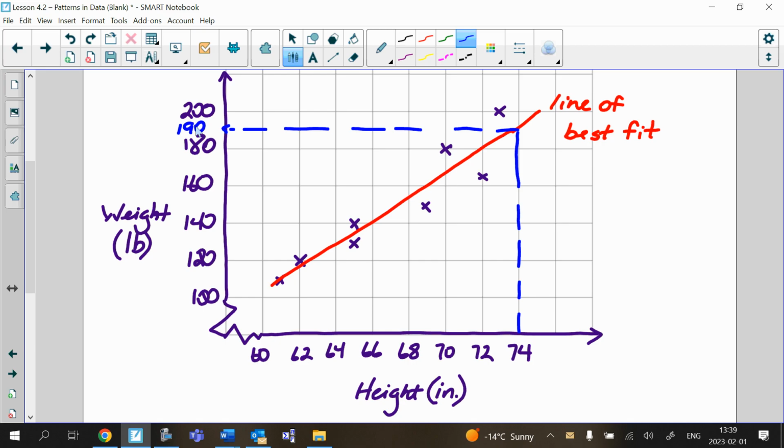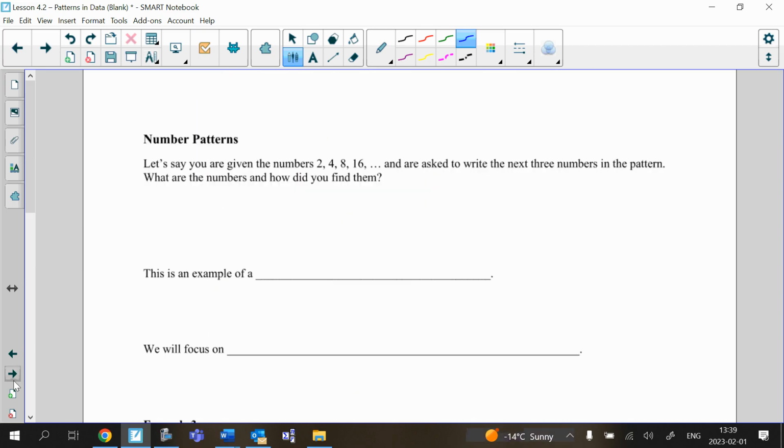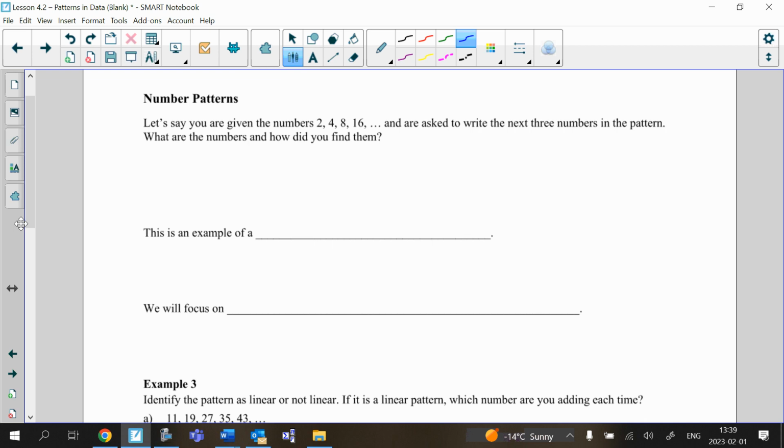So on a graph, we can see whether a set of points are linear, nonlinear, or have no pattern at all. Okay. What about if we've got a set of numbers? Because we can tell whether a set of numbers is linear, nonlinear, or no pattern. We just use different words.